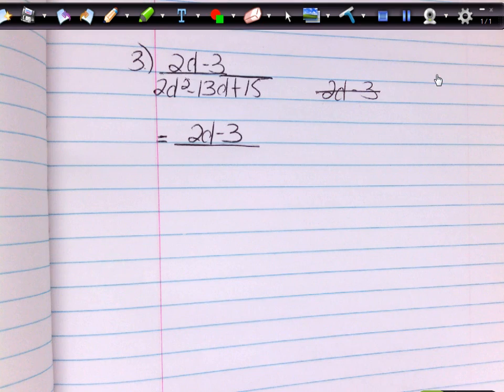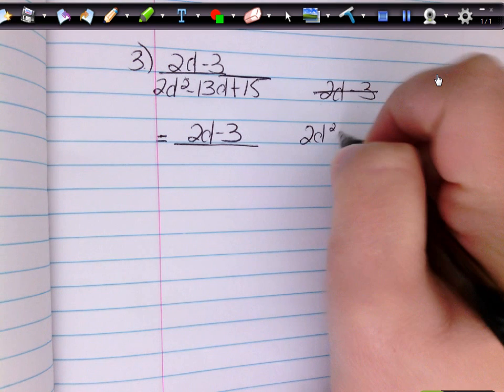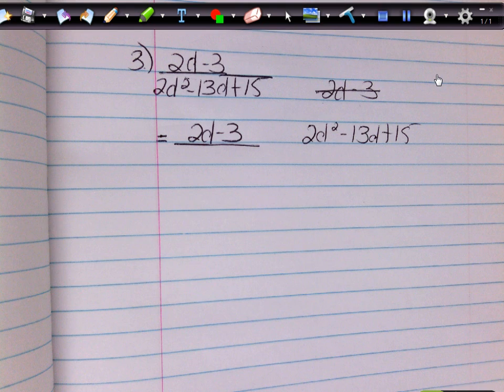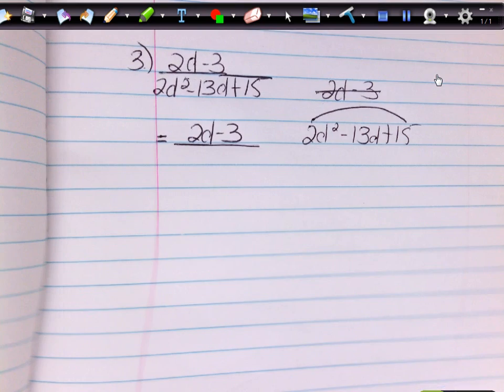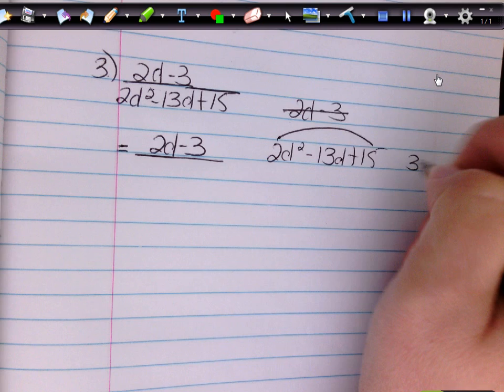So we're good there. Now we've got to look at the denominator, the 2d squared minus 13d plus 15. I look at 2, 13, and 15, and there is no GCF there. So I'm going to multiply the first and the last here and say 2 times 15 is 30.